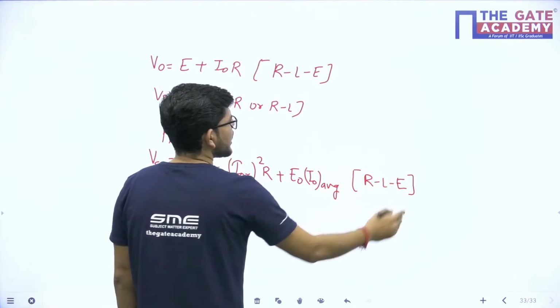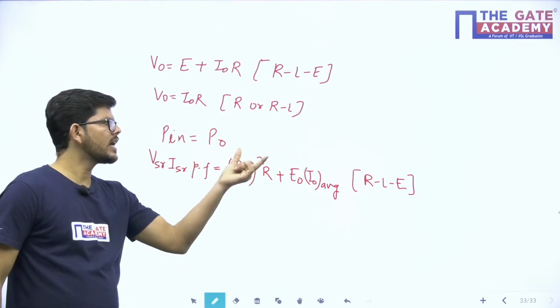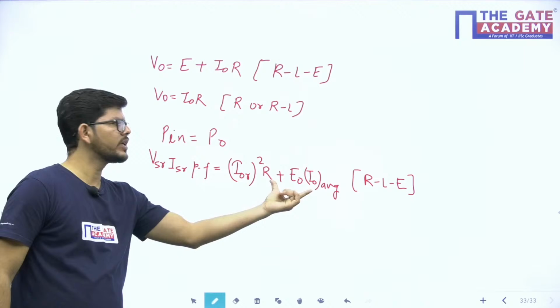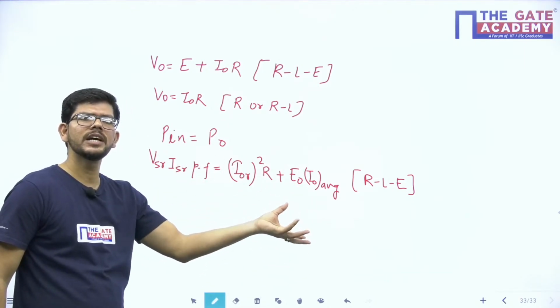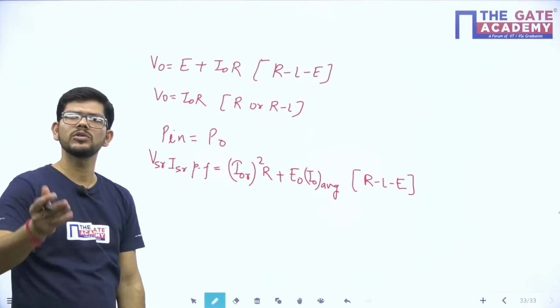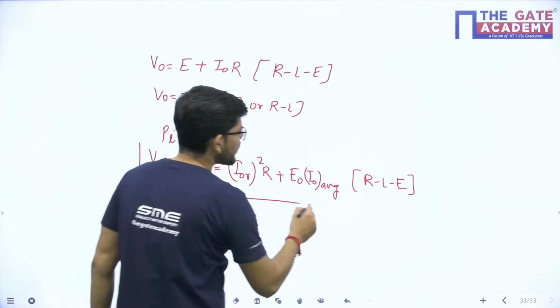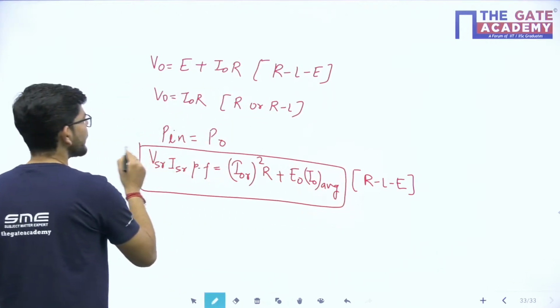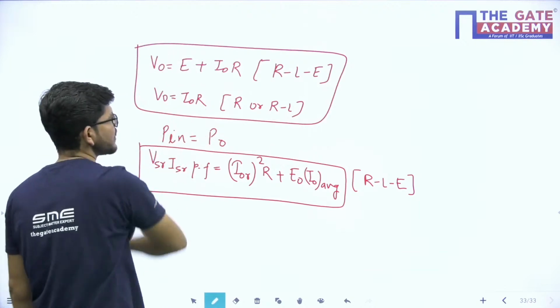If you have only RL load, you will only use I naught square R. So L will be ignored in this case as well, because average power absorbed across the inductor is also 0. So you will use this particular formula for calculation of power factor, and this particular KVL for calculation of anything.